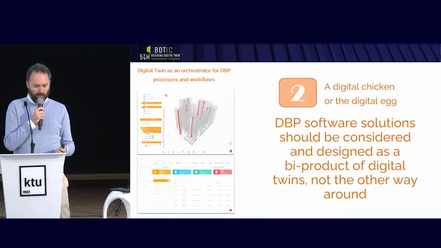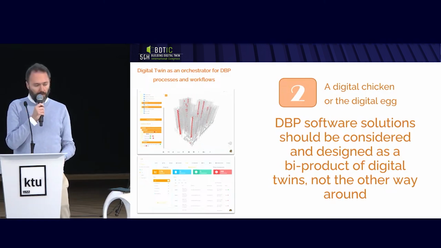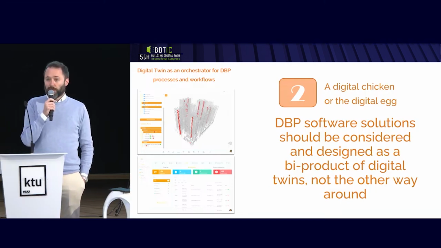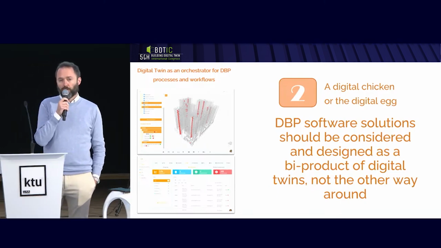And basically this leads us to chapter 2, where we consider digital building permits a byproduct of well-established digital twins.